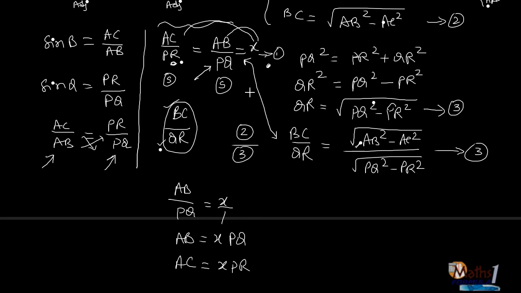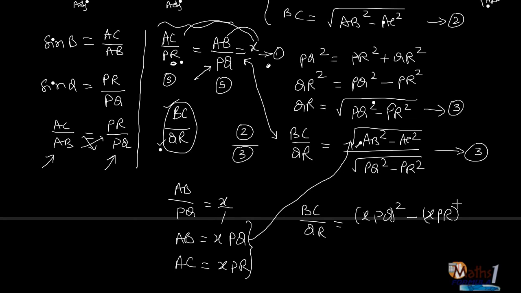So AC equals PR into X. These are the two things we got. We'll try to put them here in the numerator. So BC by QR will become square root of X PQ whole square minus X PR whole square, and the denominator square root is still there: PQ square minus PR square.